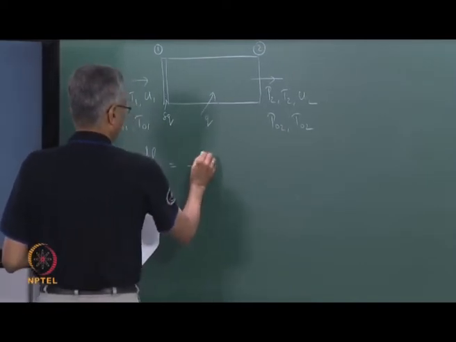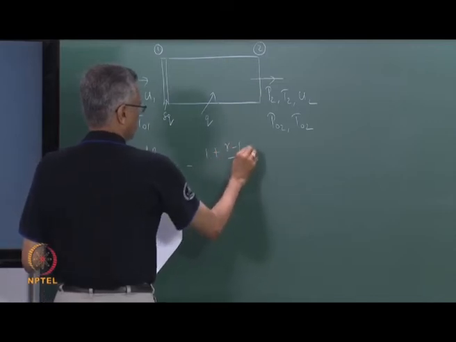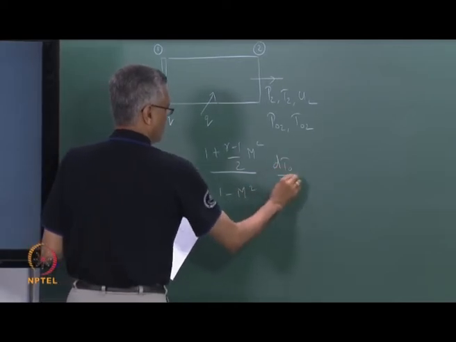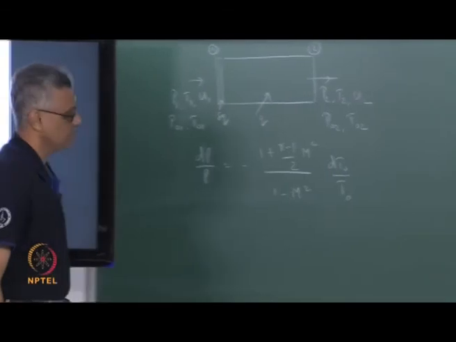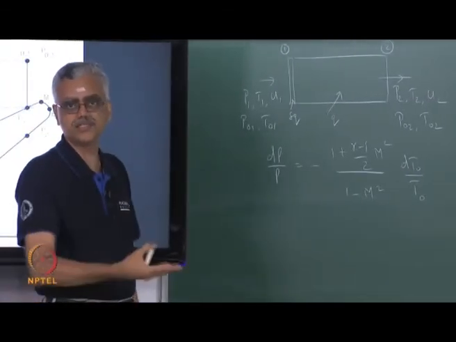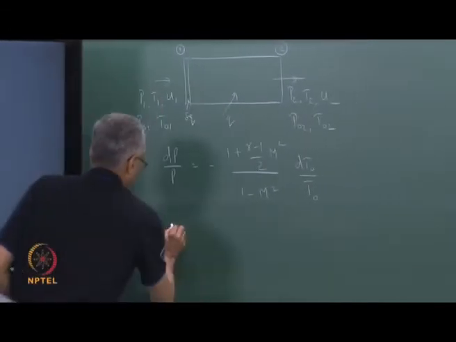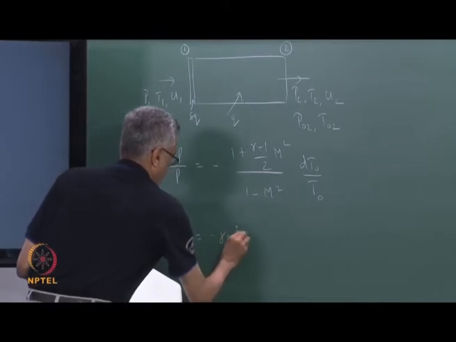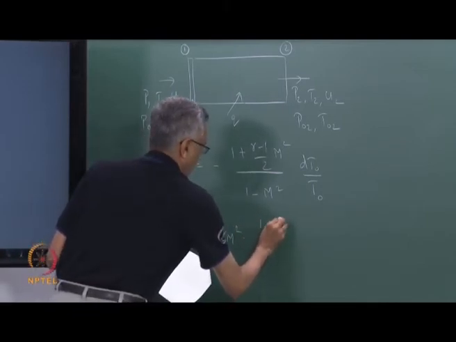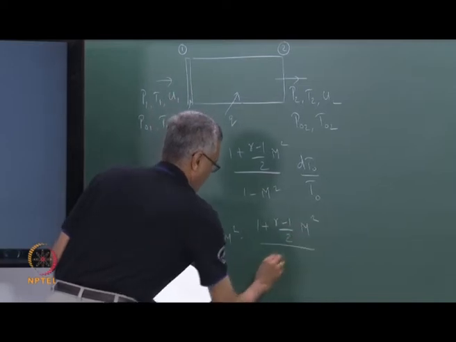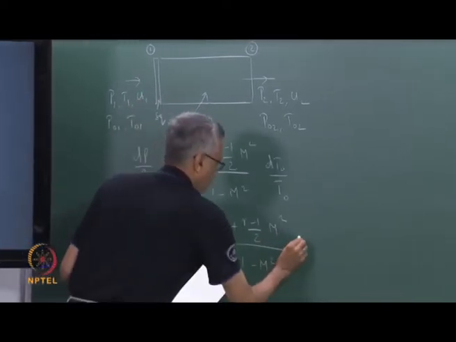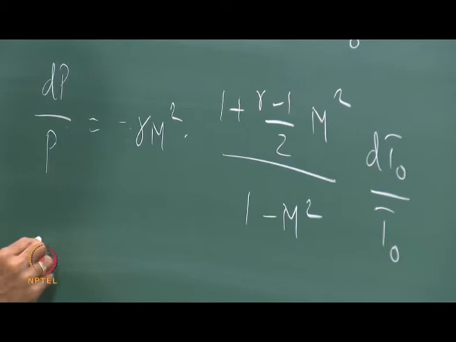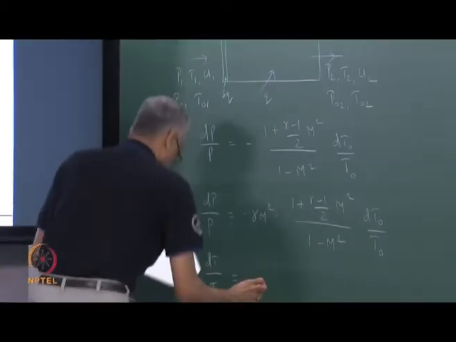I am going to write them down because we will use them very extensively in today's lecture. If you remember, we wrote everything in terms of changes in stagnation temperature, because that is the effect we are looking at. This is the incremental change in pressure, and now we look at incremental change in temperature, which looks like this.